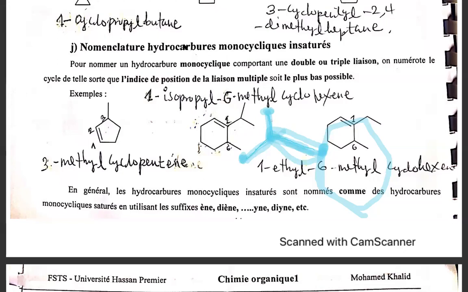That is the reason why, if you've noticed with the nomenclature of this hydrocarbon, when you do the naming, it becomes 1, 2-methyl propyl, like that.